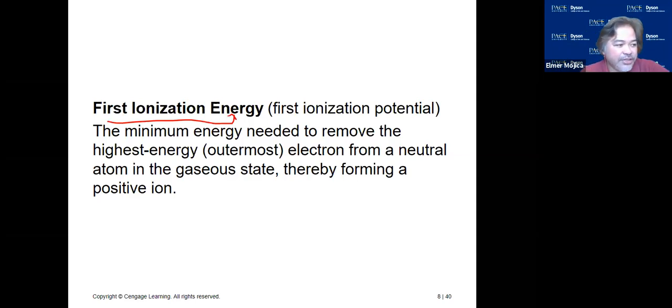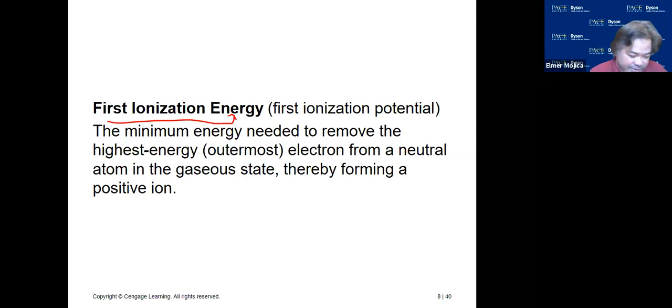So when we're talking about first ionization energy, this is the energy needed to remove an electron. Okay, so we could say this is the amount of energy that is needed to ionize a given element. So the term there, ionization.